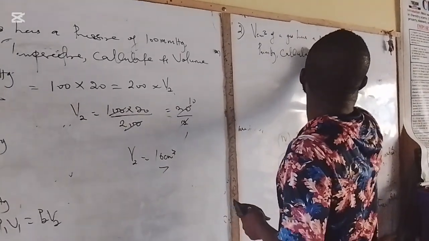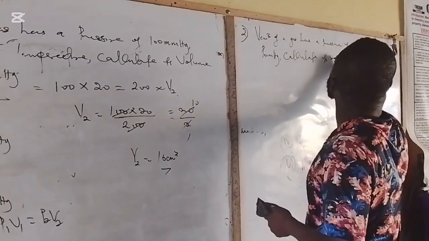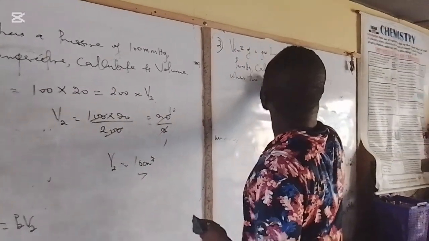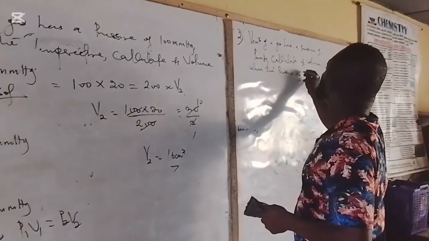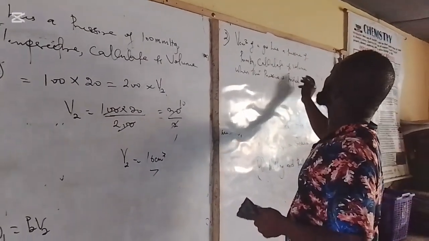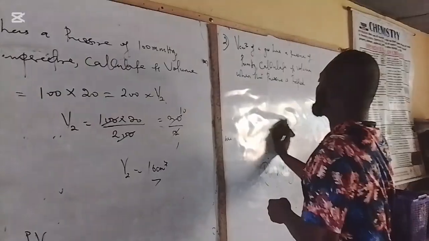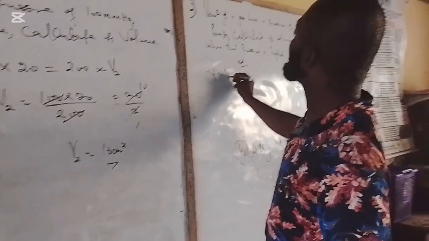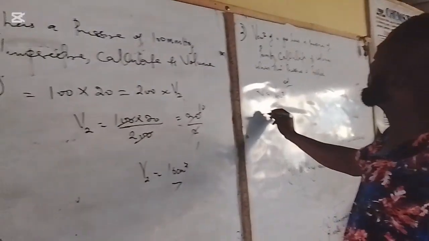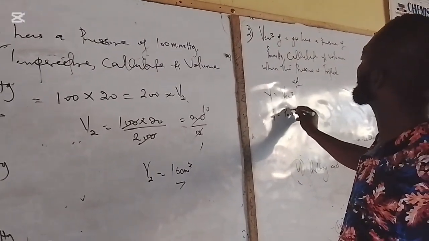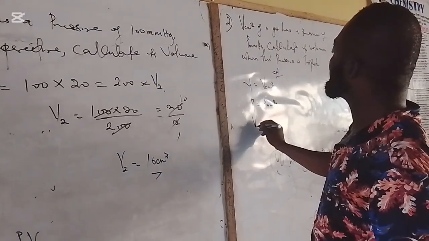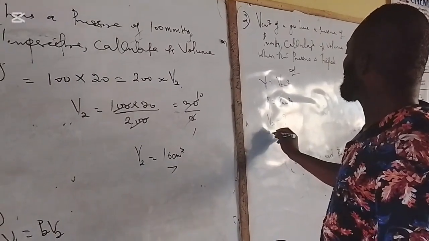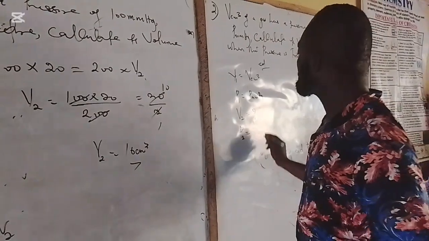Calculate its volume when the pressure is triple. Okay, so when you see this type of question in the exam, what are you going to do? Solution. Your V1 will now be V cm cube. Your P1 will be P millimeter mercury. The calculated volume is your V2, when the final pressure is triple.